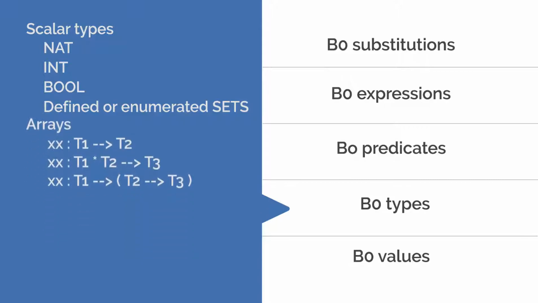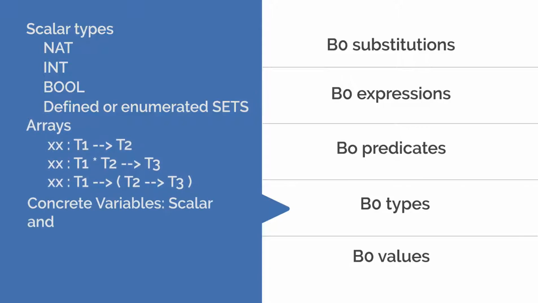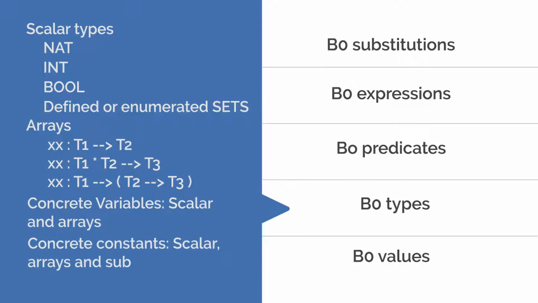Concrete variables can either be scalar or arrays, and concrete constants can be scalar, arrays, and also subsets, like for example defining XX as a subset of T1.